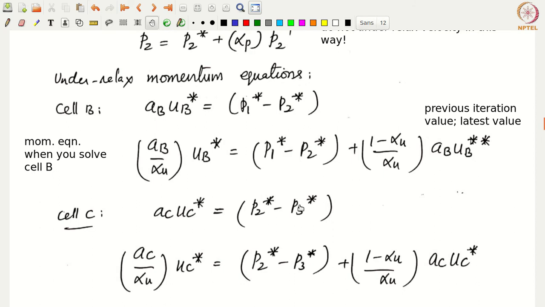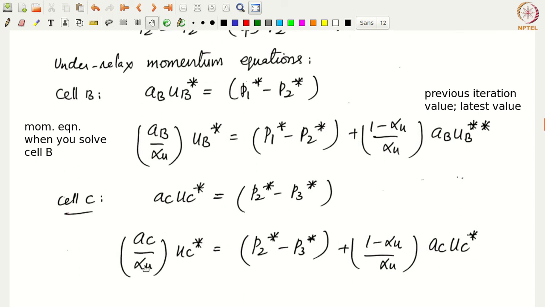Now if you look at cell C, what we have is AC UC star equals P2 star minus P3 star. If you also under-relax this equation with the same factor alpha U, what you get is AC upon alpha U times UC star equals P2 star minus P3 star plus, on the right hand side, you have to add this extra term, that is 1 minus alpha U upon alpha U times AC UC star.